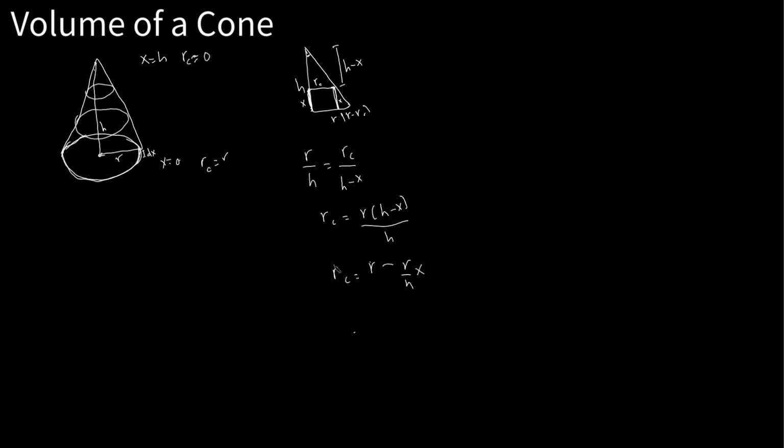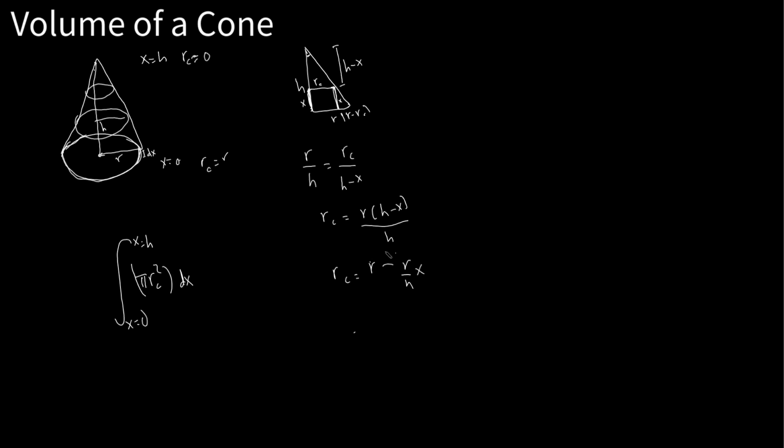Now that we have a way to get the radius of the cone at any given height x, all we have to do is integrate, right? So it's going to be the integral from x equals 0 to x equals h, and inside the integral will be the area of the circle with r sub c, so that will be pi r sub c squared, and the minimal height we're taking is dx.